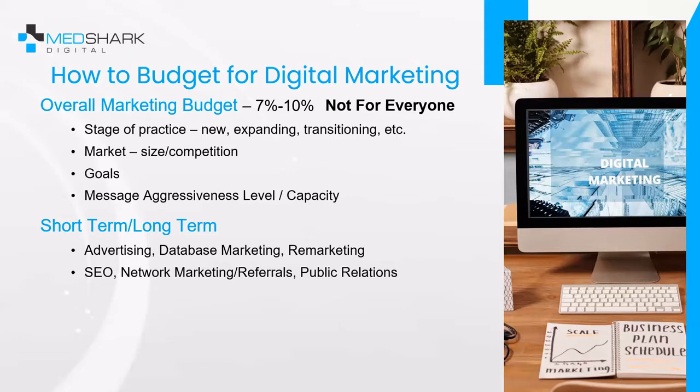Whereas practices that have the ability to let investments percolate and build momentum over the course of time, like SEO, public relations, referral marketing, they can invest in more organic strategies that typically attract what I would call higher quality leads, but it takes more time.